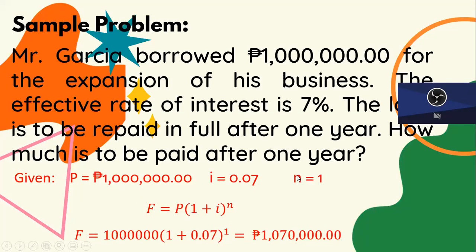So this is an example. Parang hindi ko pala siya nalagyan kagabi. When it comes to business and consumer loans, kung natatandaan ninyo, this is just the formula that you have encountered dun sa una pa natin, di ba? Gagamitin ninyo sa pagsasolve ng problem sa business and consumer loans. So we have here this problem. Mr. Garcia borrowed 1 million pesos. Interest is 7%. The loan is to be repaid in full after 1 year. How much is to be paid after? This is the principal, di ba?